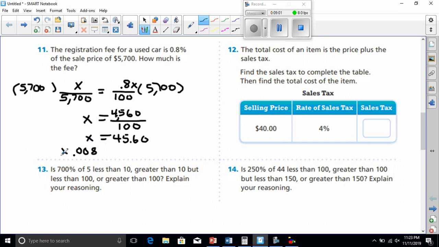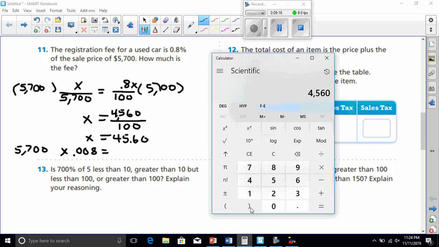You could multiply this by 5,700, and if you do that, I'm pretty sure you're going to get the same answer. Let's check that out. We have 5,700 times 0.008, and there we go, $45.60. So either way you want to do it, we're going to get the same answer.